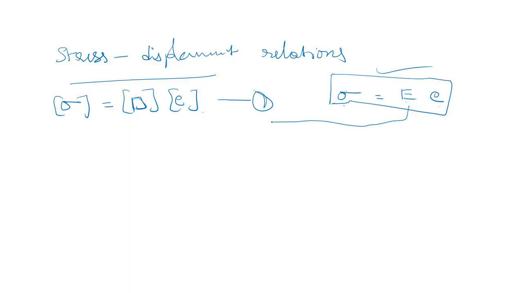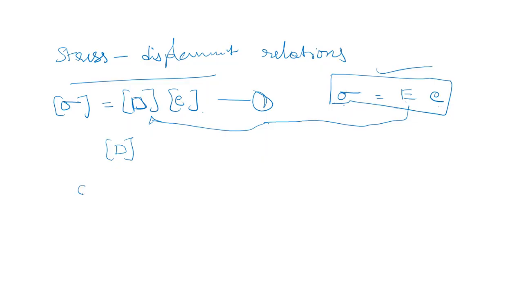For the one dimensional case we can directly substitute it, but if you go for two dimensional or three dimensional, the material property matrix comes into the picture. That is called D, the material constitutive matrix. For simplicity, we can say it is the material property matrix.